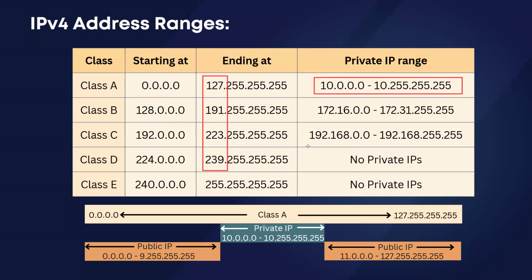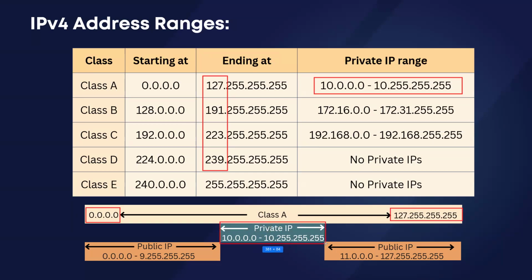So if you take the elaborative example, if you talk about class A, it starts at the first IP 0.0.0.0. And from the first IP 0.0.0.0, it goes all the way up to 127.255.255.255. Okay. Now in this entire range, there's a small private IP range from 10.0.0.0 to 10.255.255.255.